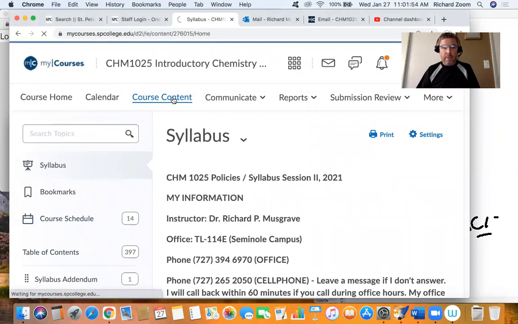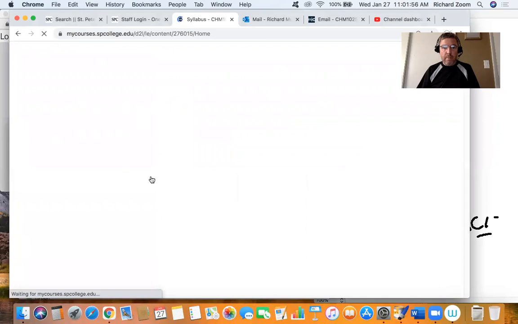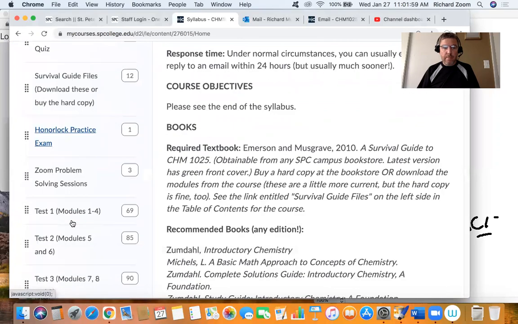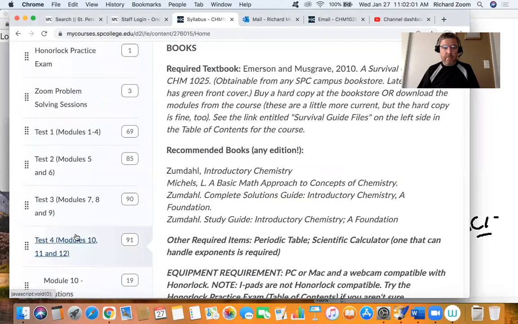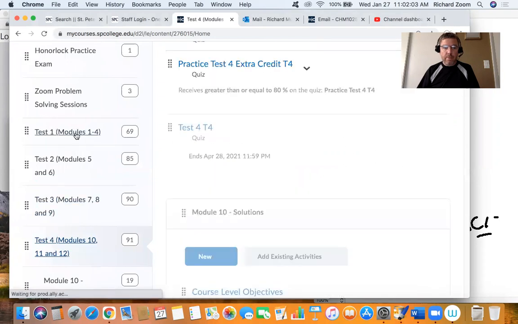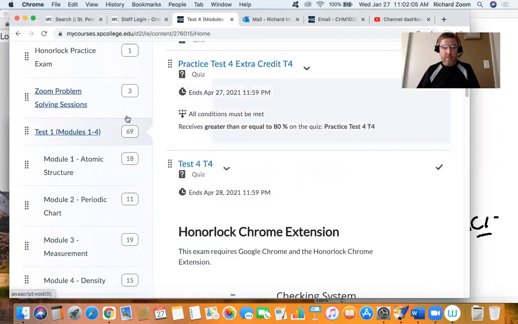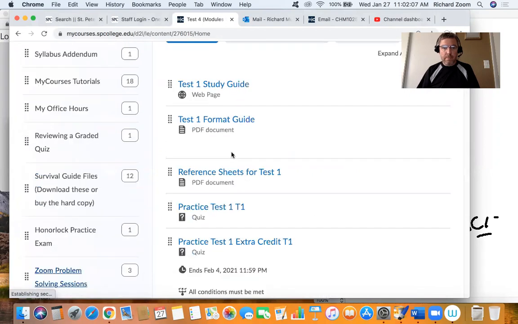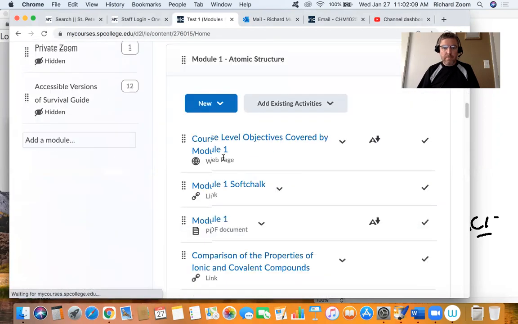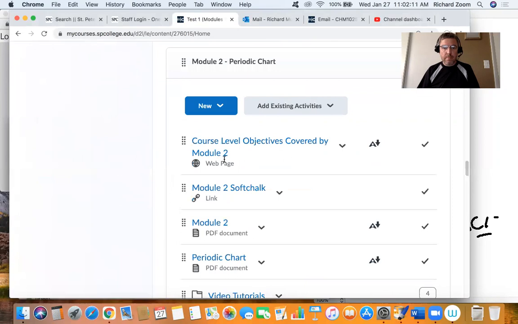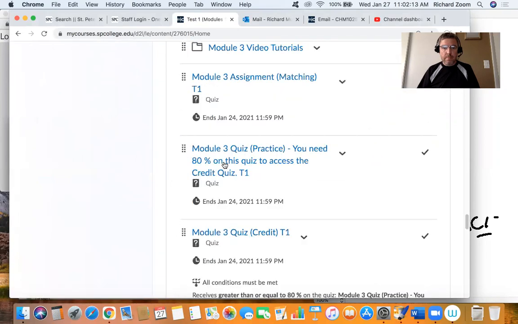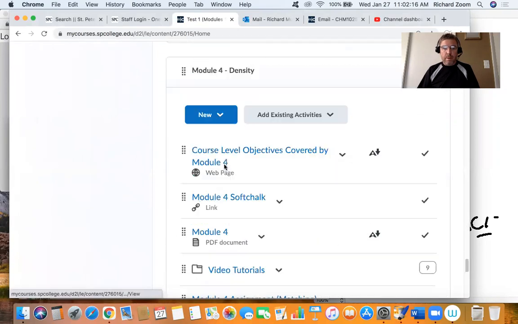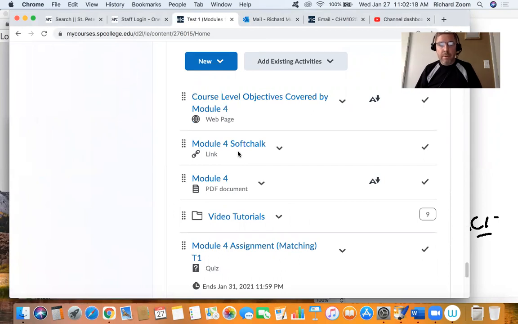So we're looking at the Module 4. It's not Test 4, Test Module 4, sorry. Module 4. And the best thing you can do, I think, is to go through the Module 4 soft chalk.